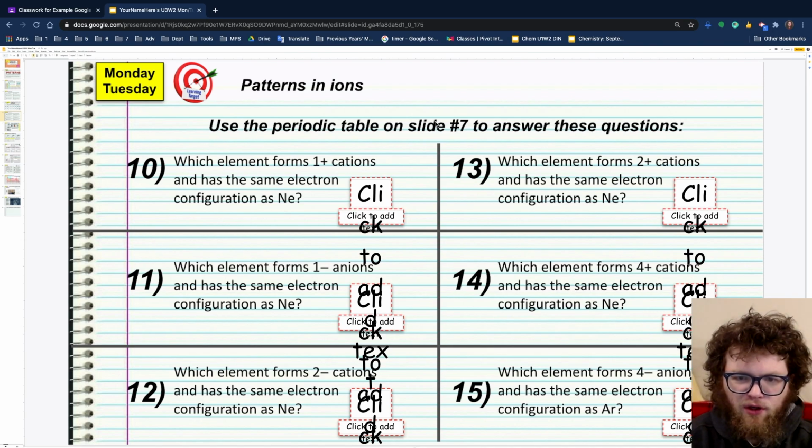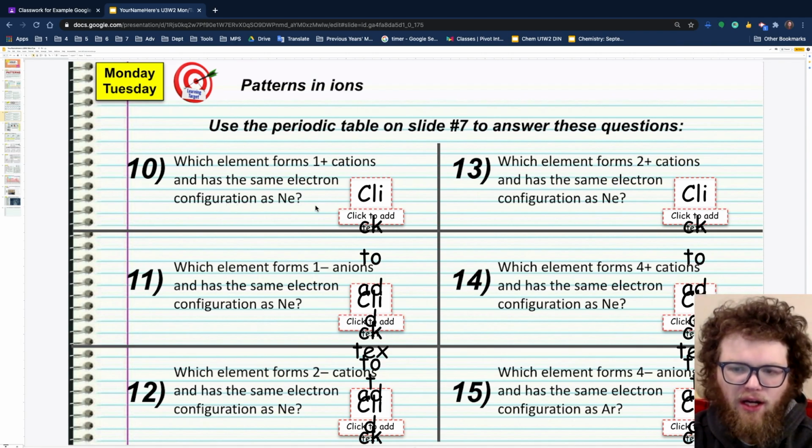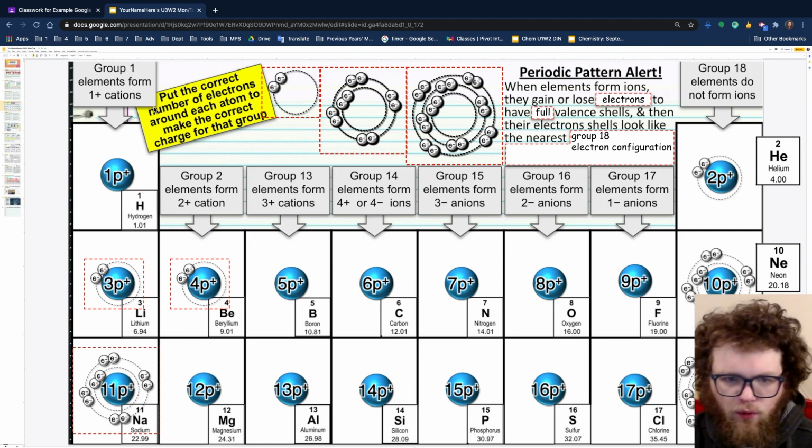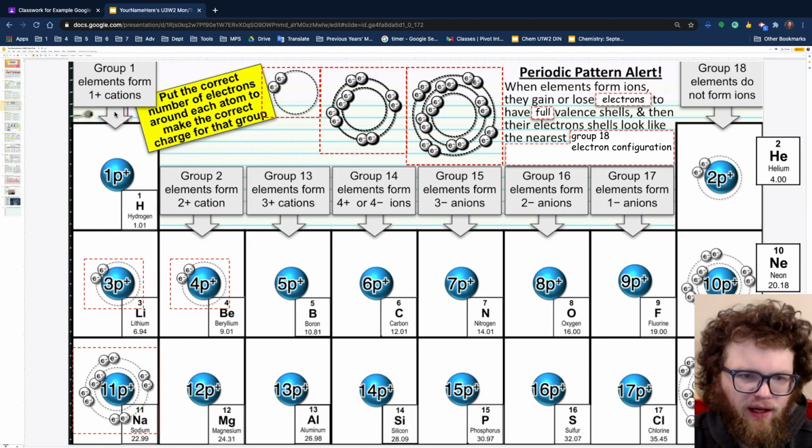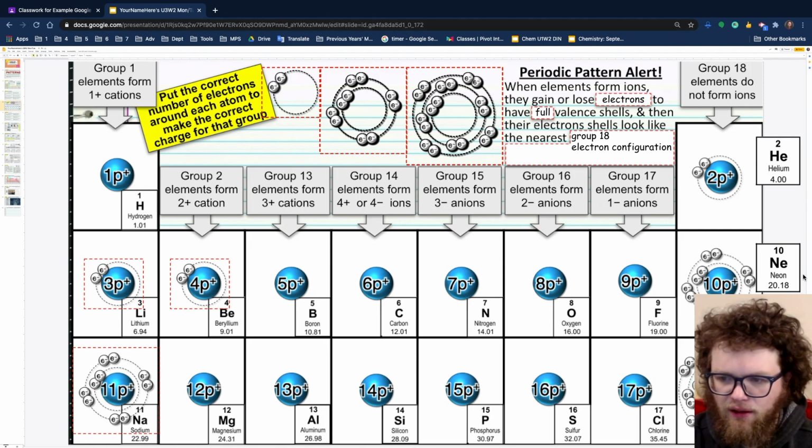Okay, now we use the periodic table on slide number 7 to answer these questions. Which element forms 1+ cations and has the same electron configuration as neon? Well, let's check. Here's the ones that form 1+ cations. And here's the electron configuration of neon.